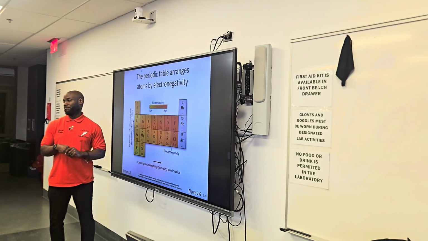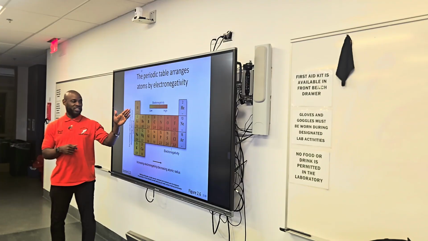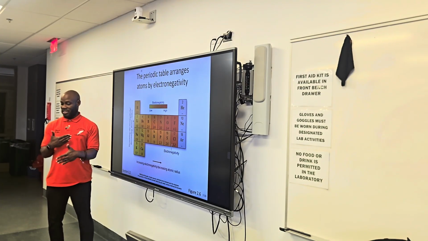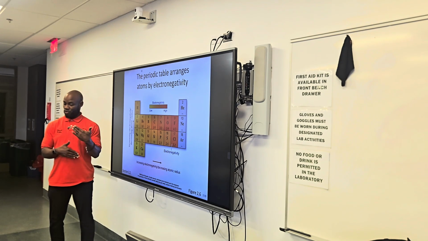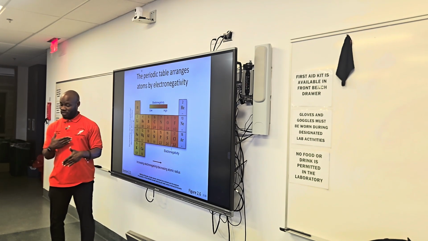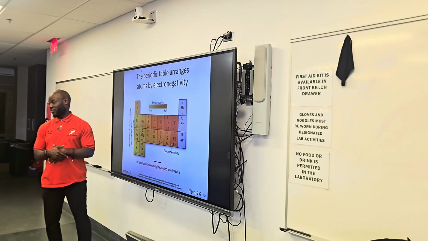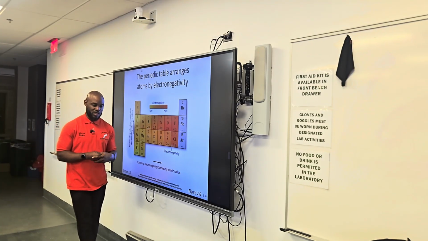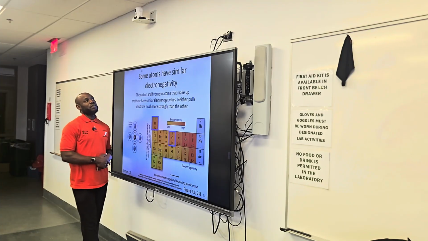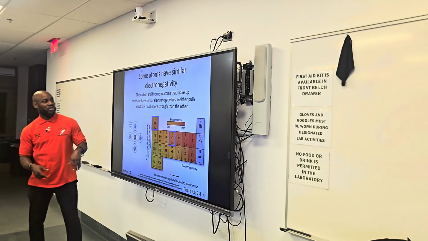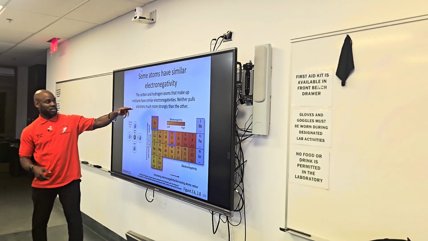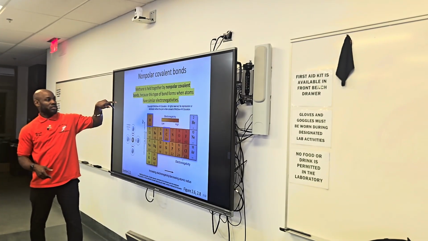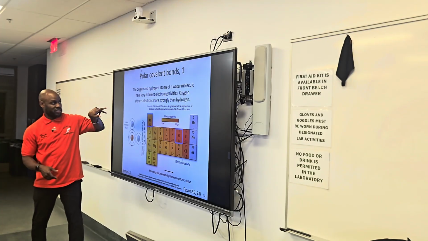Oxygen here, hydrogen here, 3.4 to 2.2, right? When they bond, they make water, and it is a polar covalent bond, okay? So the difference in electronegativities can give us insight into whether it is going to be a non-polar covalent bond, polar covalent bond, or an ionic bond. That's one of the reasons why we study electronegativity.